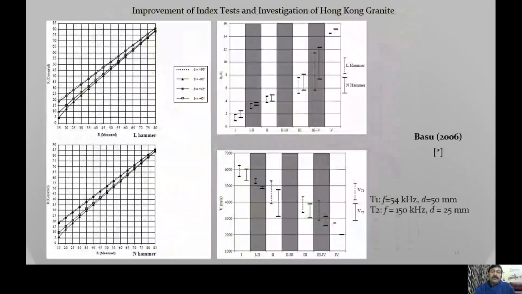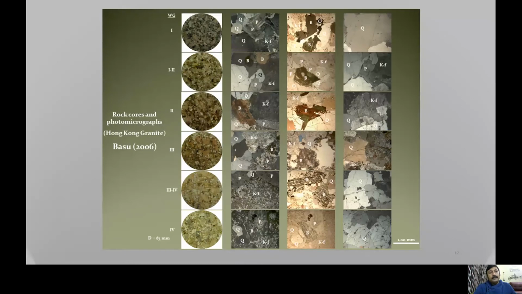Now the problem with this kind of weathering grade categorization is that it is very subjective in nature, and therefore there should be some quantification methods that should accompany such categorization, and index tests are possibly the best ways to be accompanied with this kind of classification systems.